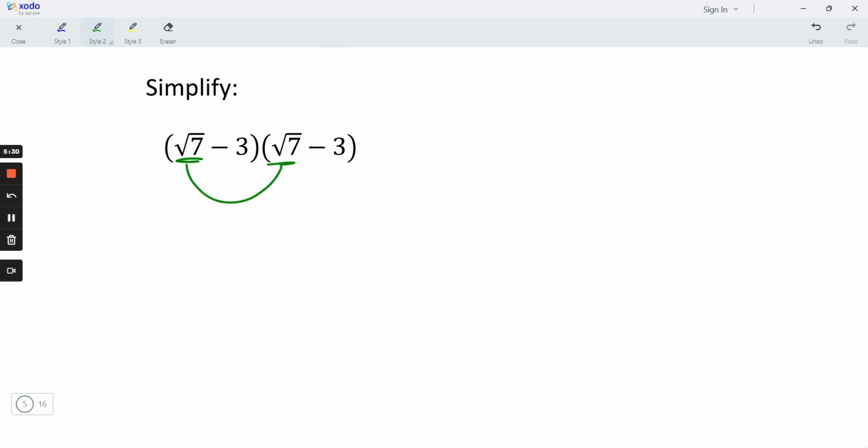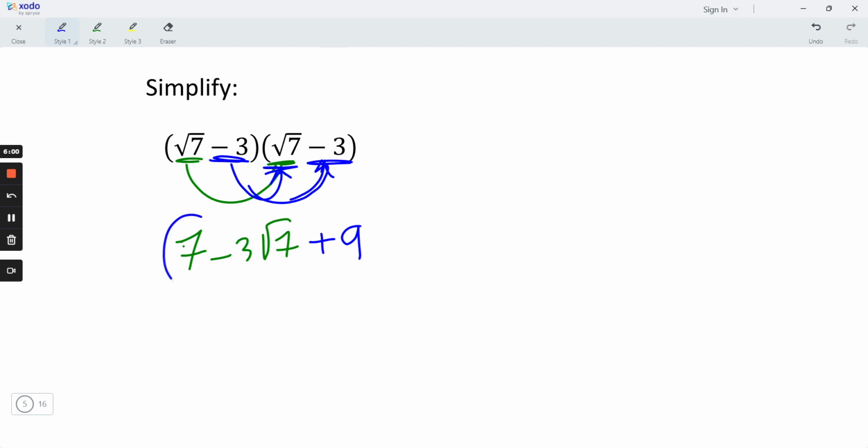So this one times this one will give us 7. The square root of 7 times 3 minus 3 square root 7, and minus 3 times the square root of 7, and minus 3 times minus 3 is plus 9.